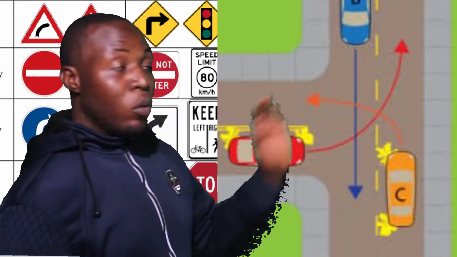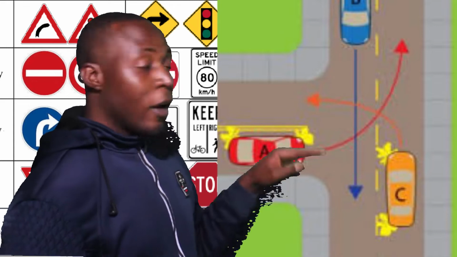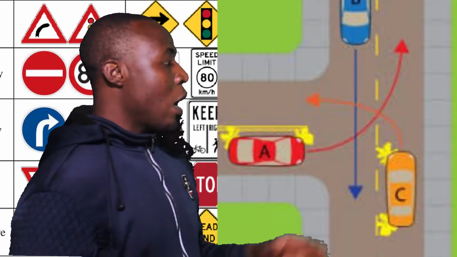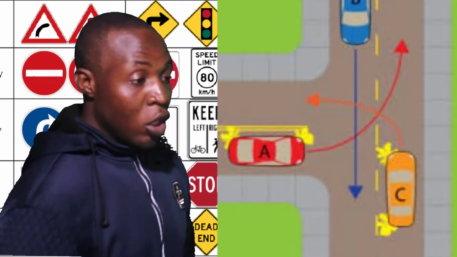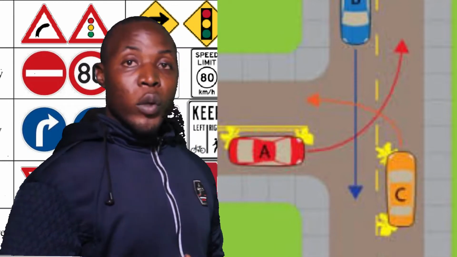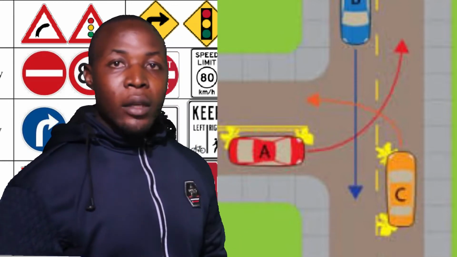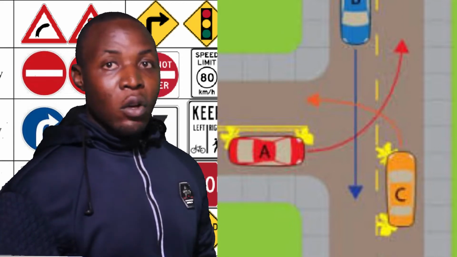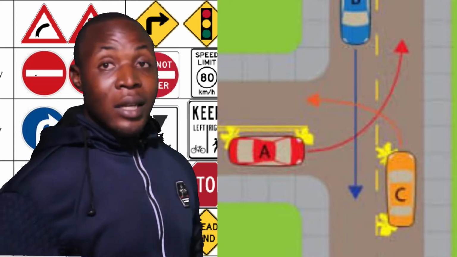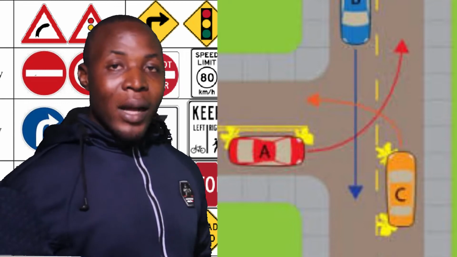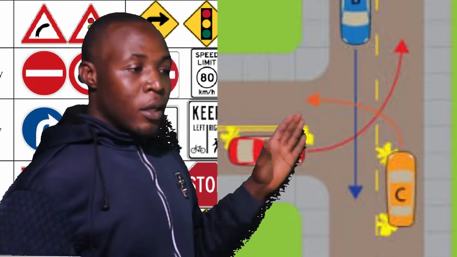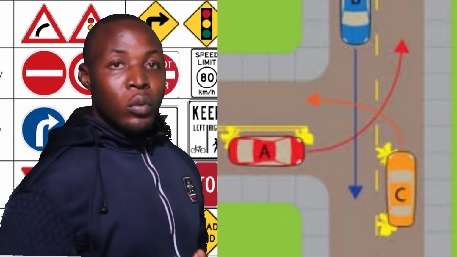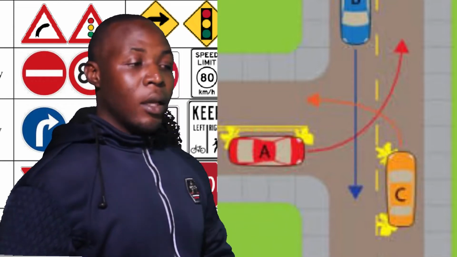We have the blue vehicle, the red vehicle, and the yellow vehicle. So in this situation, who has the right to pass first in normal circumstances on this road? So this is the structure. We have the blue, the red, the yellow.